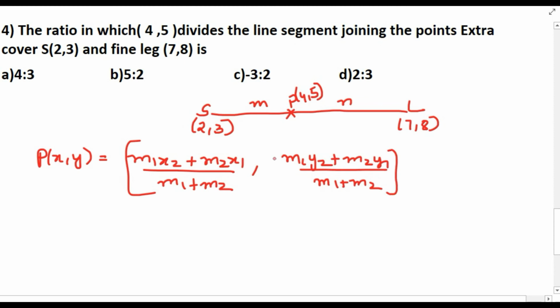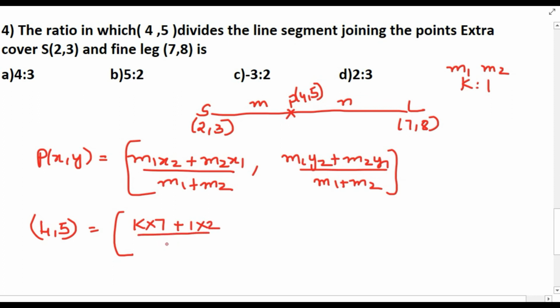Here we can take the ratio as k is to 1. So let the ratio be k is to 1, so m1 will be k and m2 will be 1. We can equate the coordinates: 4, 5 is equal to k into 7 plus 1 into 2 divided by k plus 1, and in the same way, k into 8 plus 1 into 3 divided by k plus 1.